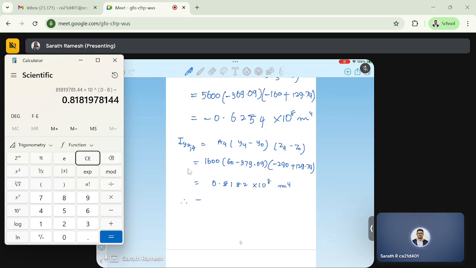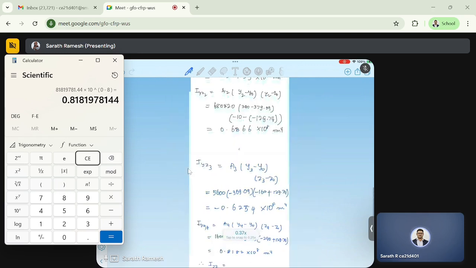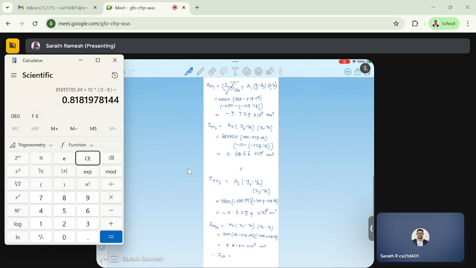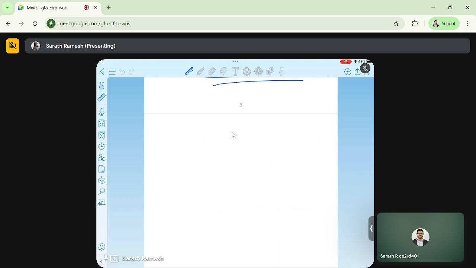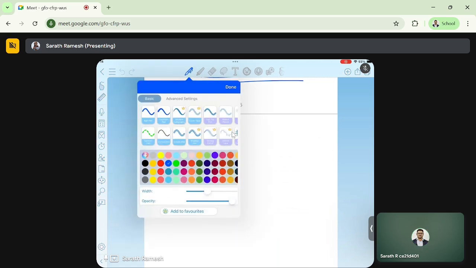So totally IYZ will be the addition of the first, second, third, and fourth: minus 3.739 minus 0.6366 minus 0.6254 plus 0.8182.